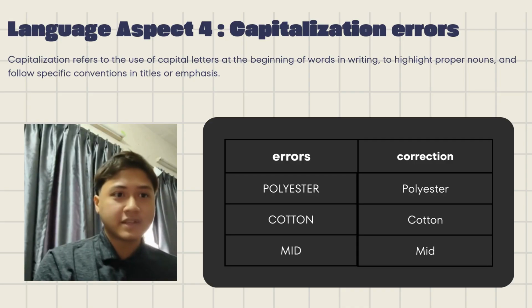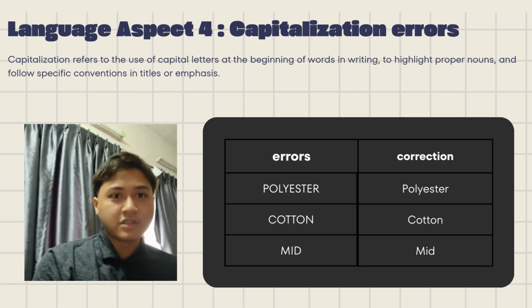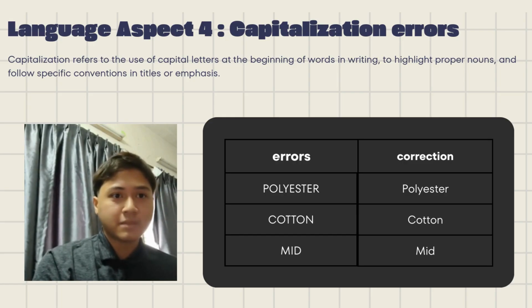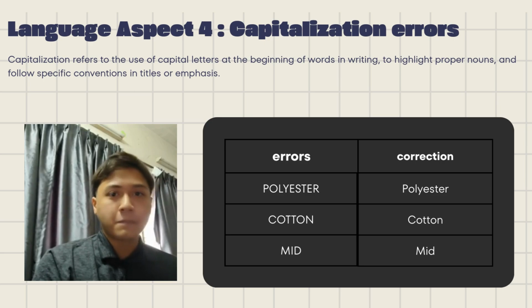The words polyester, cotton, and made need to be corrected because they use improper all caps formatting. The P in polyester should be lowercase because fabric names use title case only. The C in cotton should be lowercase for the same reason, and the M in made should be lowercase because descriptors follow sentence case, not random caps. Proper capitalization is a better option for a cleaner, professional description.